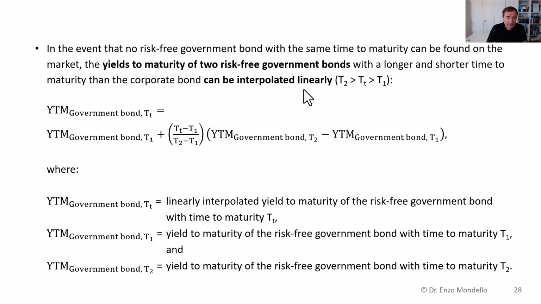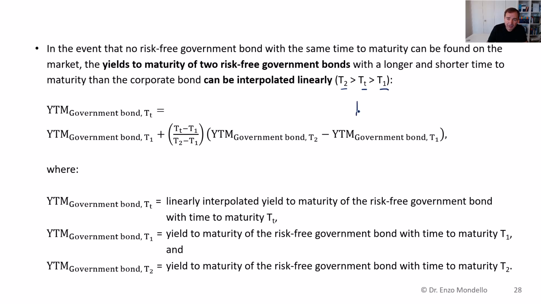So the two government bonds with a longer and a shorter maturity can be defined as follows. The government bond with the longer maturity has a maturity of T2, which is higher than the time to maturity of the corporate bond, TT, which is higher than the time to maturity of the risk-free government bond, T1.